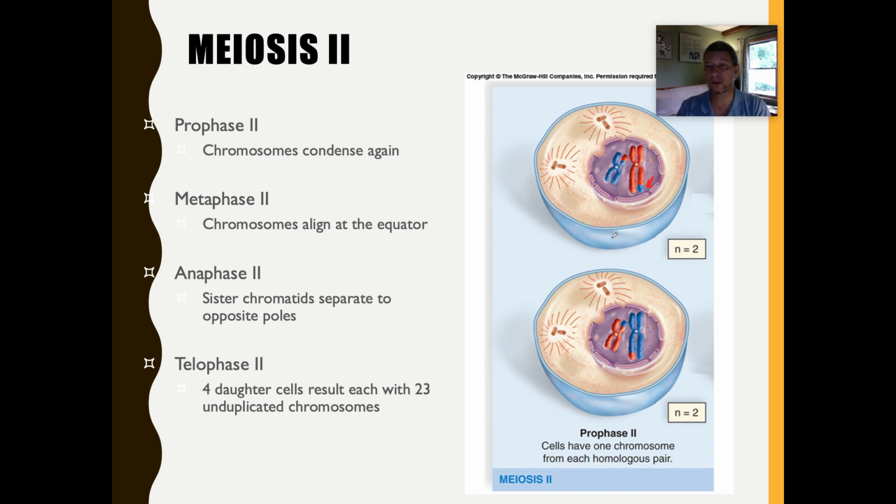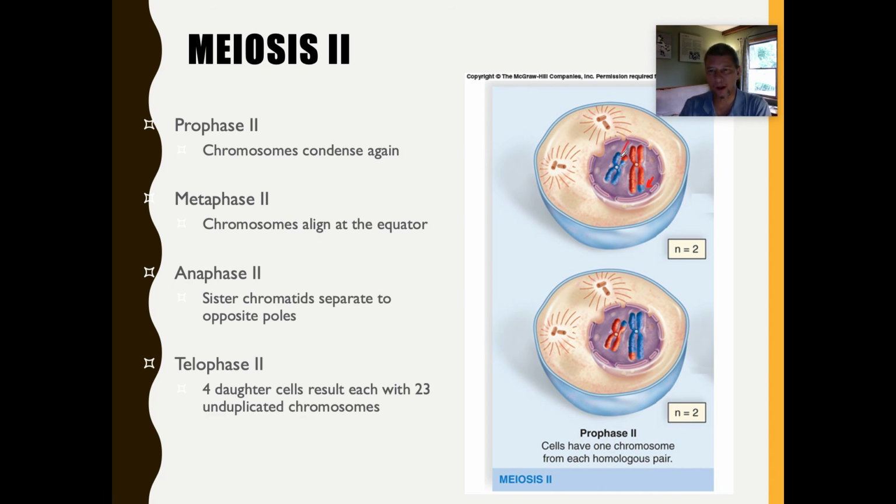So these 2 cells are not identical. After meiosis I, the 2 cells are no longer identical. Remember that after mitosis, you got 2 identical daughter cells. After meiosis I, you now have 2 different cells.